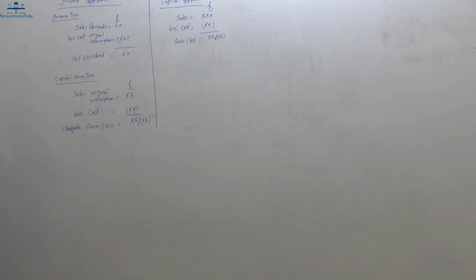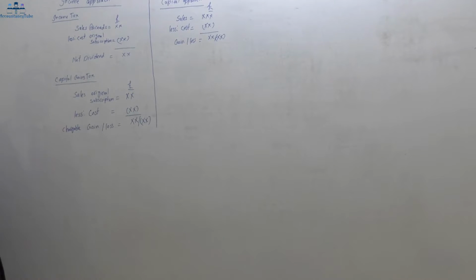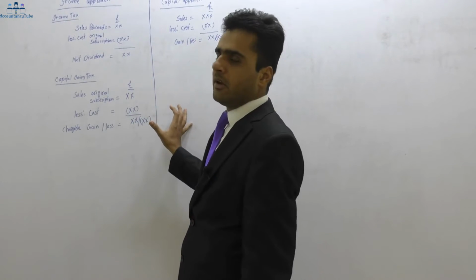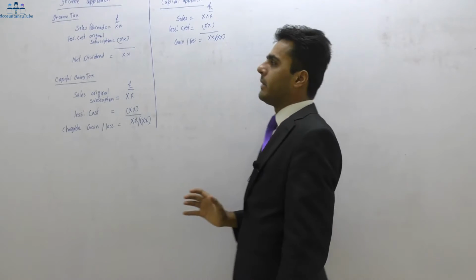Now, for example, if the income approach applies, then we will have to pay income tax and we will also have to pay capital gains tax. How would that work? If the income approach applies and the company is buying back its own shares, there will be income tax. So how would the income tax be calculated?